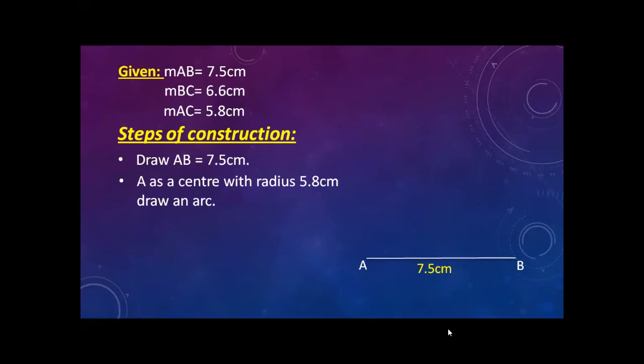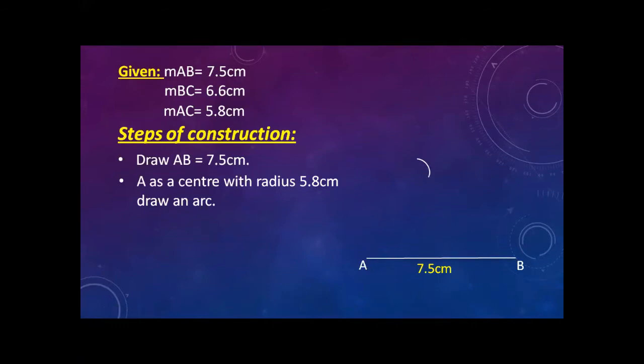A as a center. Let's suppose that A is the center. So put your compass on point A and make an arc of 5.8 centimeter like this.